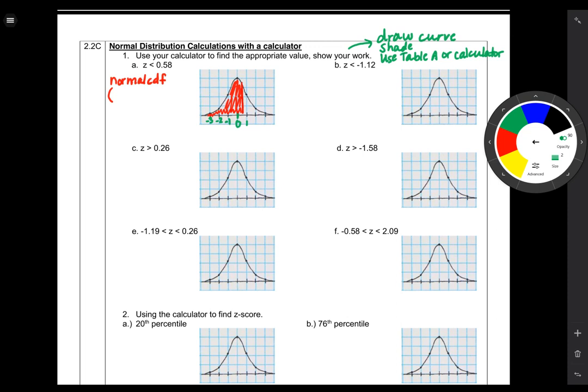So I always pick -10, or you could pick -100. It's going to give you the same answer. So my lower bound is -10. My upper bound is your boundary line, so 0.58. I should have labeled that. I'm sorry. I'm going to label that right here.